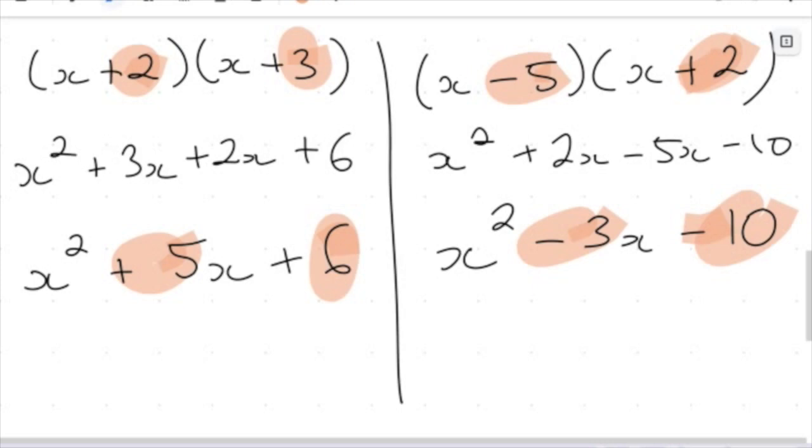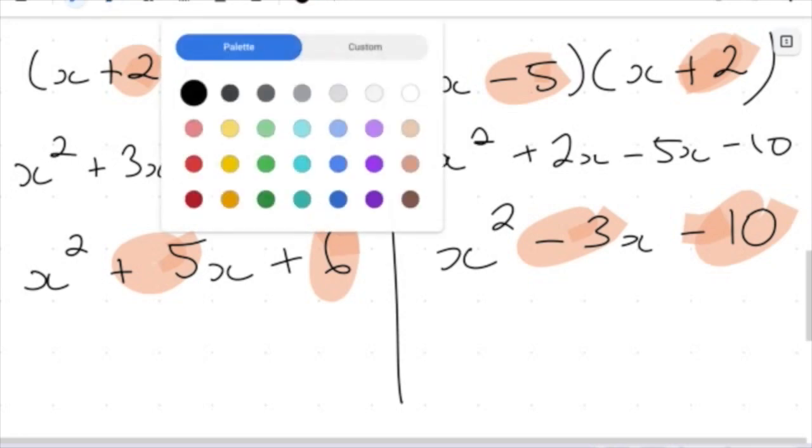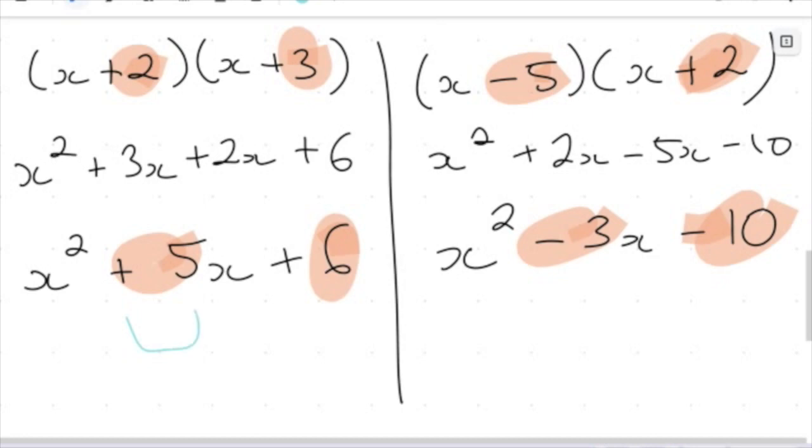Now, let me ask you to think for yourself. Do we see a pattern emerging? Do we notice any similarities between the numbers we end up with down the bottom? So once we finish our expansion, these numbers as well as these numbers, do we see any pattern happening between the top?